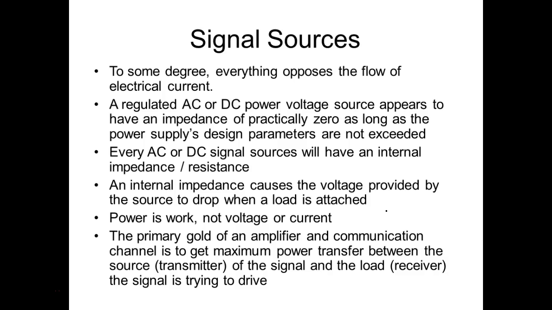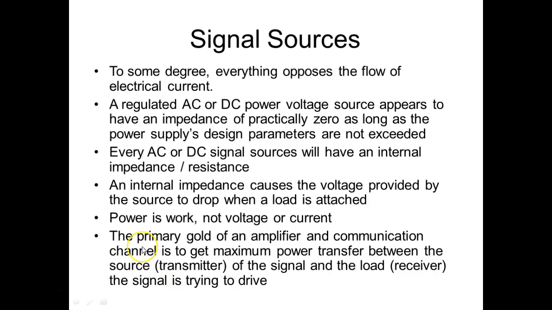Because the Zener is changing its current or changing its resistance to regulate as long as you don't exceed the design parameters of your regulator. Every AC and DC signal source will have some internal resistance or impedance. The internal impedance causes the voltage provided by the source to drop when the load is attached or disconnected.